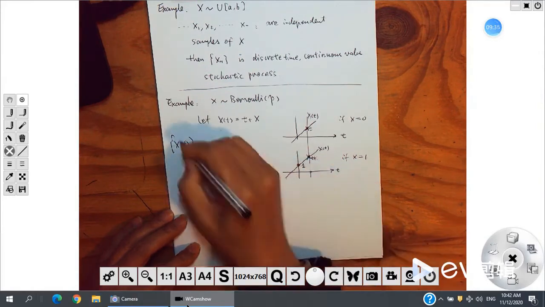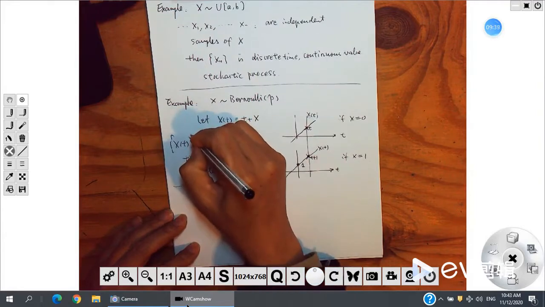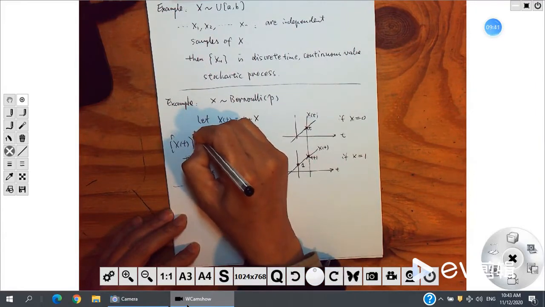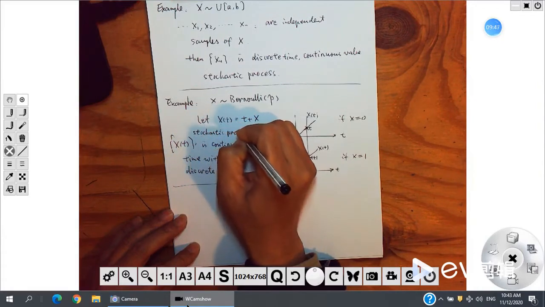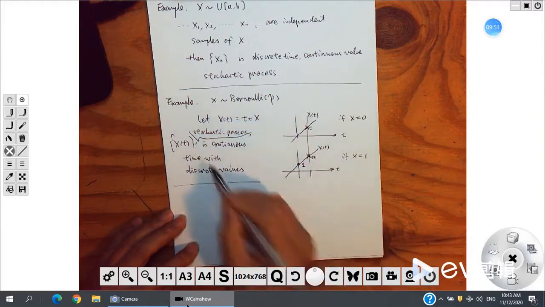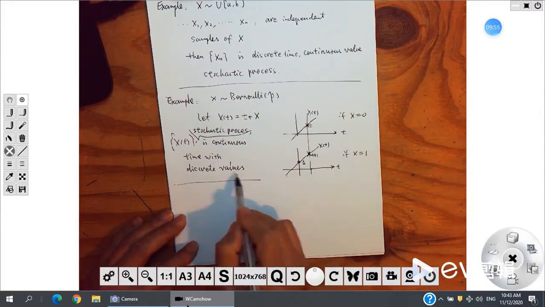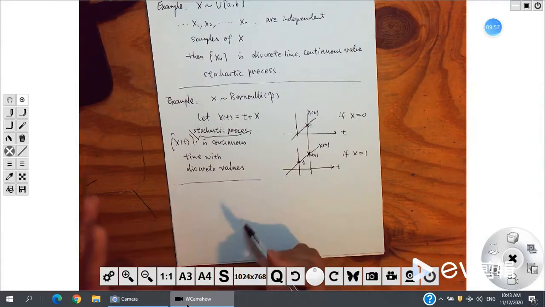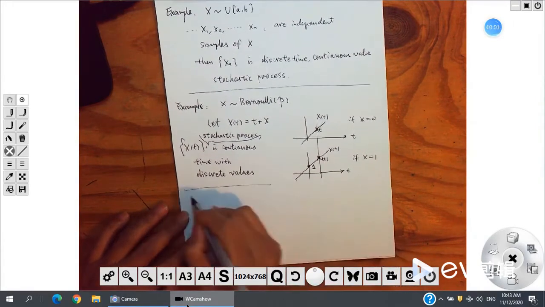Yes, this is a random process, a stochastic process. It is continuous time and discrete value. I told you we have 4 different cases. You can try to find different examples.